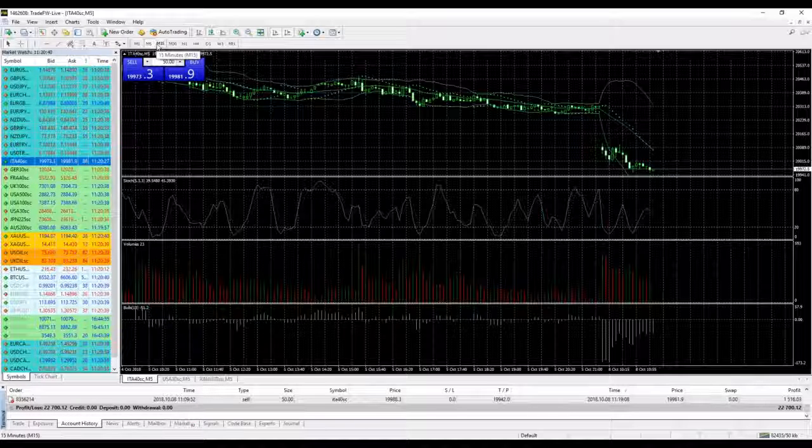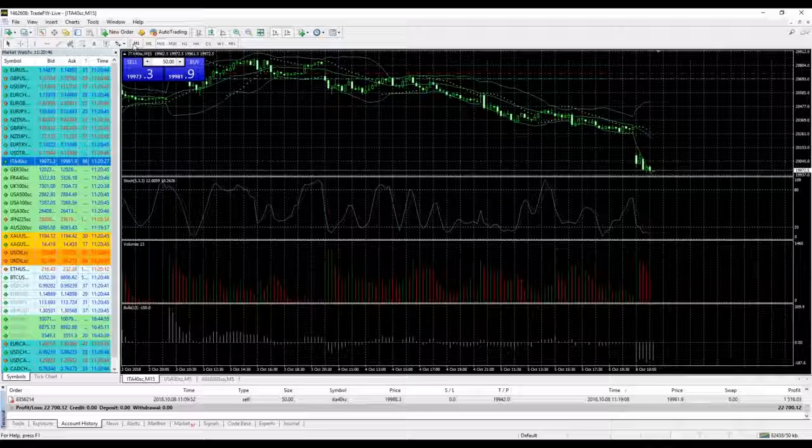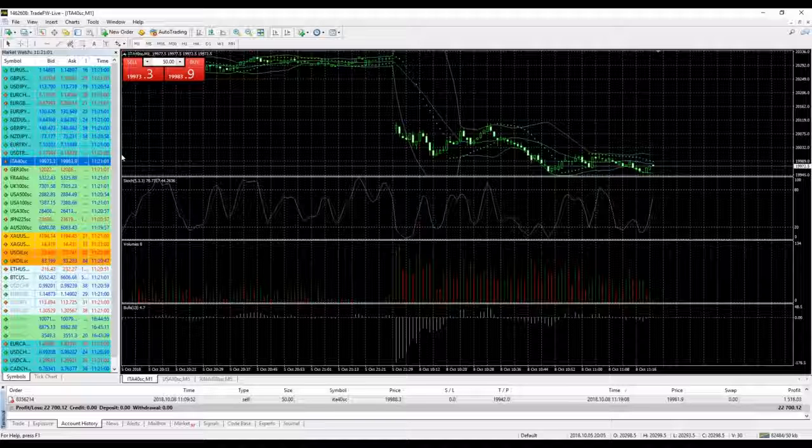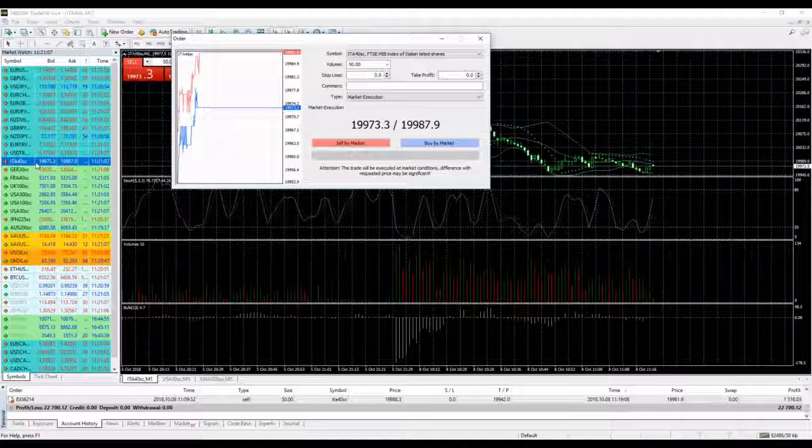I will short Italy 40 again, but I want a stronger pull up. A bit more up, and then I will sell it again. Let's put a nice sell limit. What do you think, guys? Yes, I will put a sell limit on Italy 40.